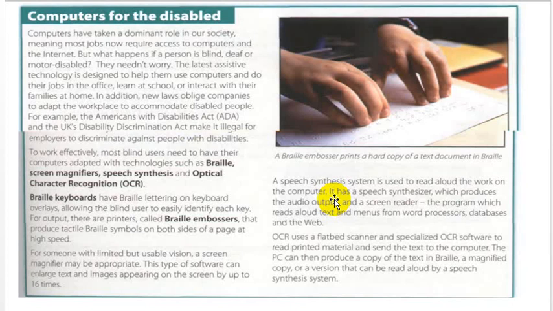For output there are printers called braille embossers. One is the braille keyboard, one is the braille embosser. A braille embosser is a printer that produces tactile braille symbols on both sides of pages at high speed.